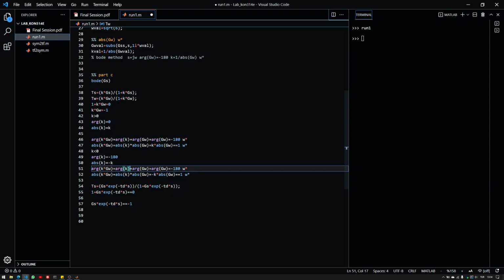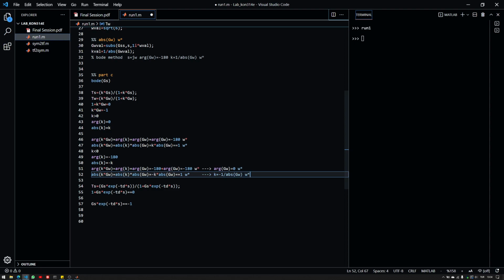So if we plug it in here, we can see that here we have a negative sign. Here we would have minus 180 degrees plus the argument of this should be equal to 0. Therefore, for the negative stability bound, we conclude that this should be equal to 0. So we look for the point where this occurs, and then we plug it in. But when we plug it in, we have k equals minus 1 divided by the absolute value of g omega at omega star.